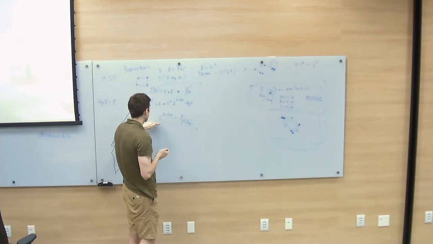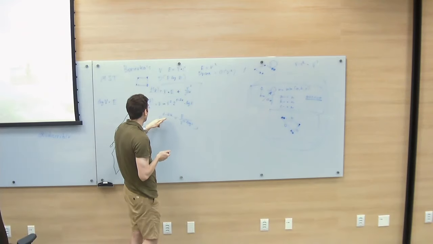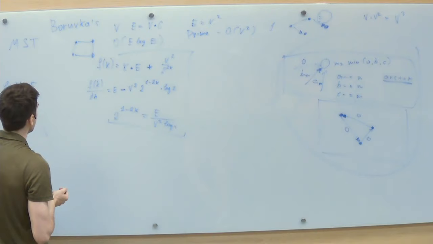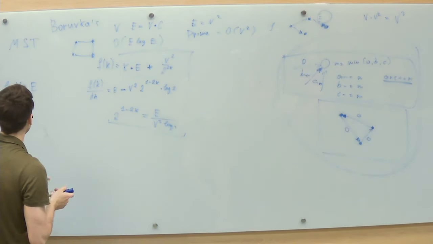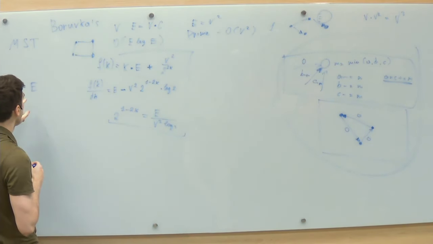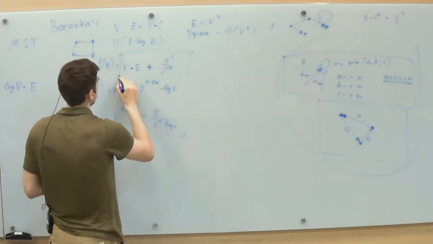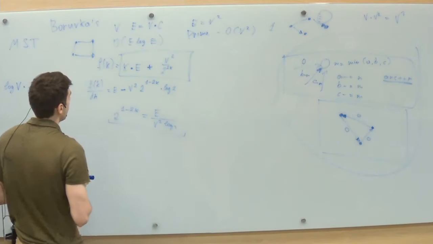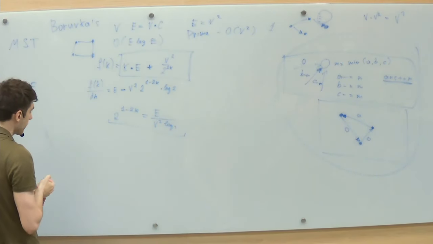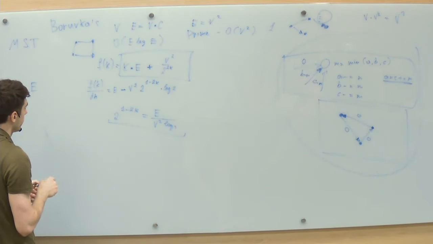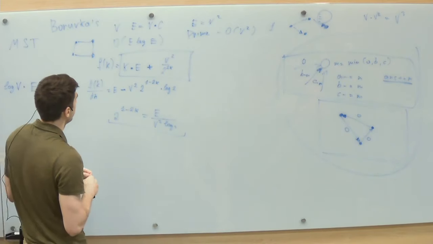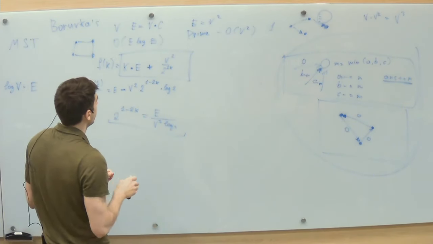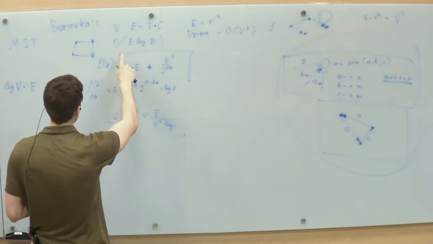But using this approach, we can solve these equations and get the optimal parameter k, which minimizes the overall asymptotic time, which means that using a combination of Boruvka's algorithm and Prim's algorithm, we can achieve a better bound asymptotically.